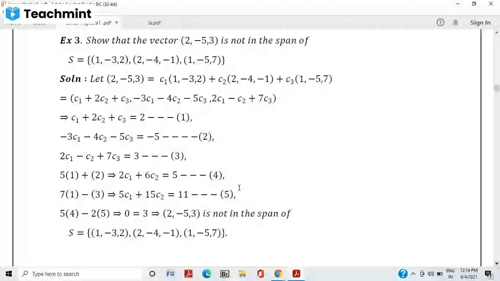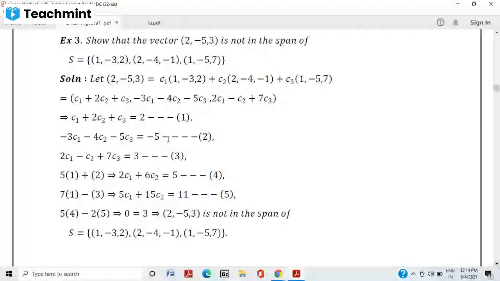Here we combine equation 1 and 2. For that, we first try to remove the term C3. For this, multiply with 5. Then when we multiply and add to the equation, 5C1 minus 3C1 is 2C1. Then 10C2 minus 4C2 is 6C2.